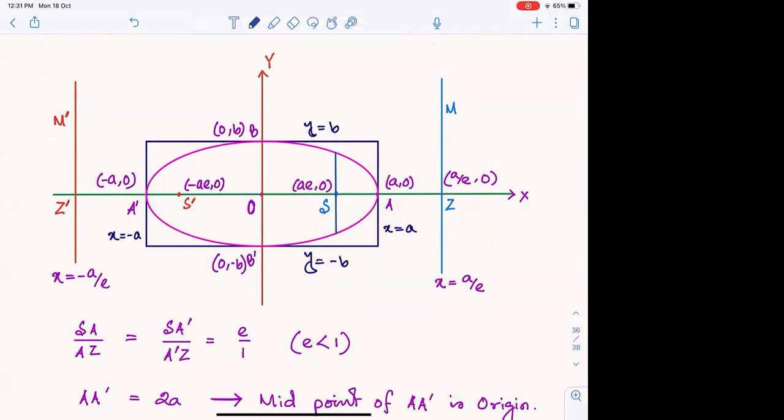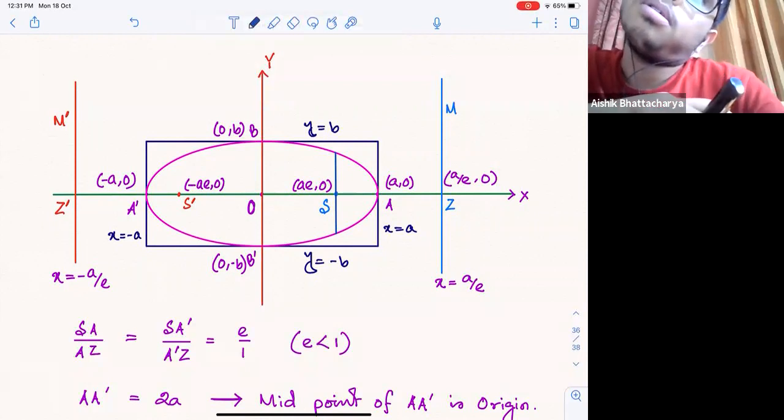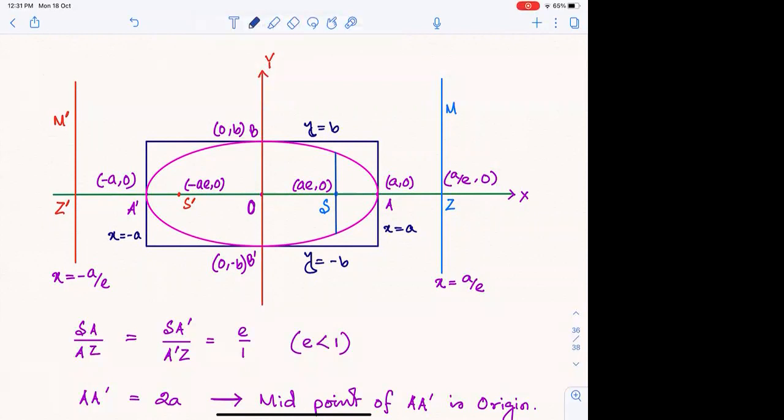Can we get its extremities? Say we have marked these as L1 and L2. So can we identify L1 and L2, the equation of the latus rectum?